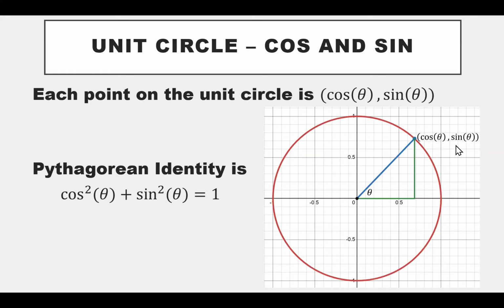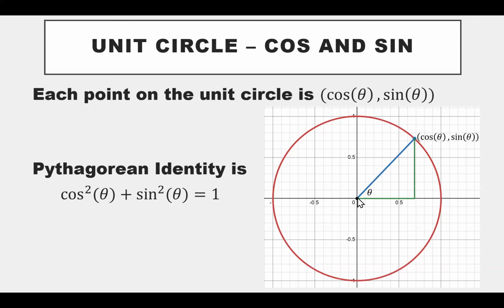You can also come up with this using right triangle definitions. So on the unit circle, the measurement from the origin along the x-axis until we get to the x value of that point, that length is going to be cosine of theta. And the vertical length from that point up to the point on the unit circle is going to be sine of theta.